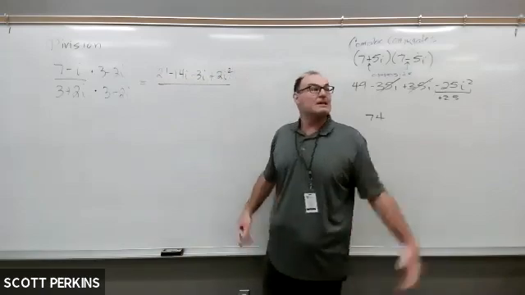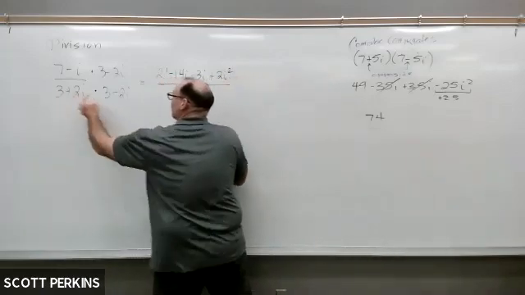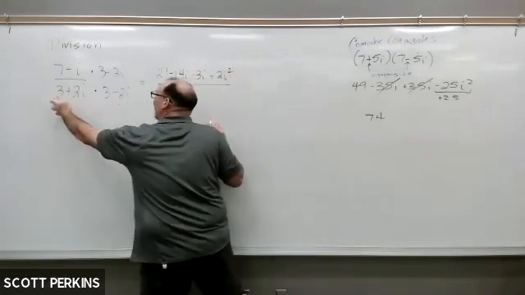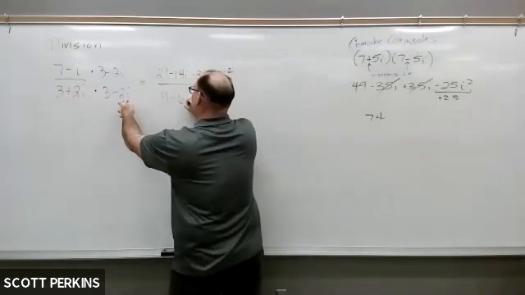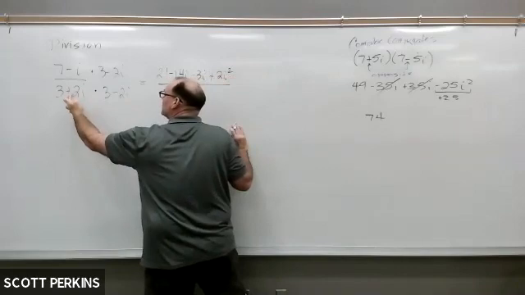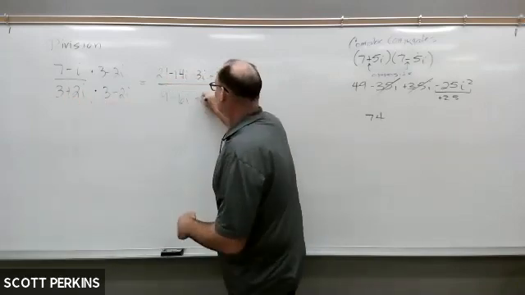All right, in the denominator, same thing. My first, 3 times 3 gives me 9. My outers, 3 times negative 2i is negative 6i. My inners, 2i times 3 is positive 6i.